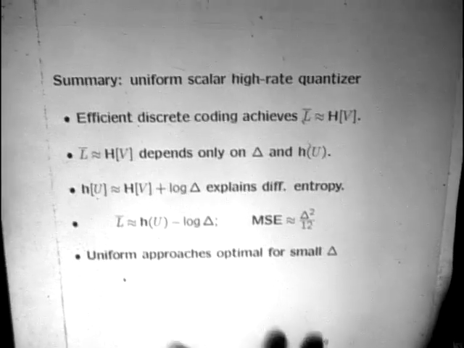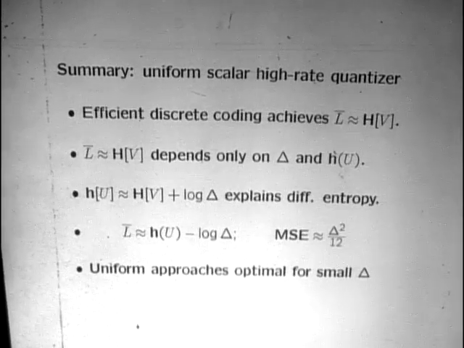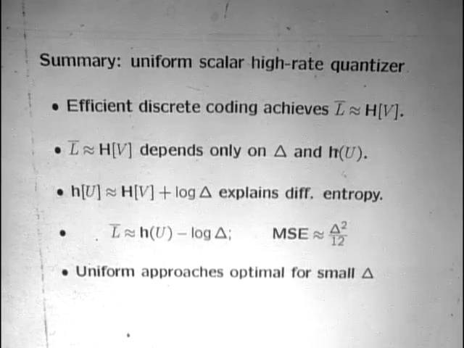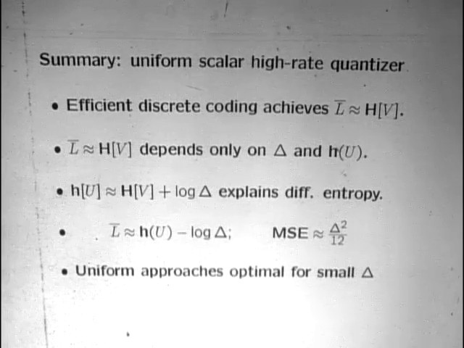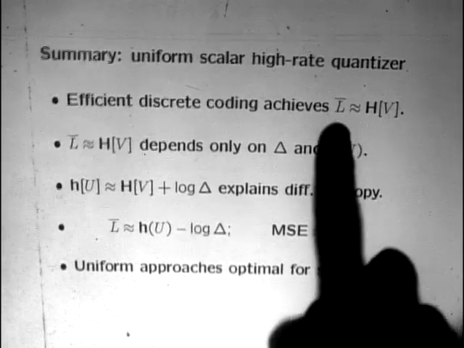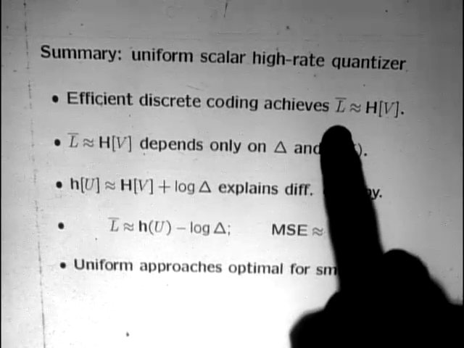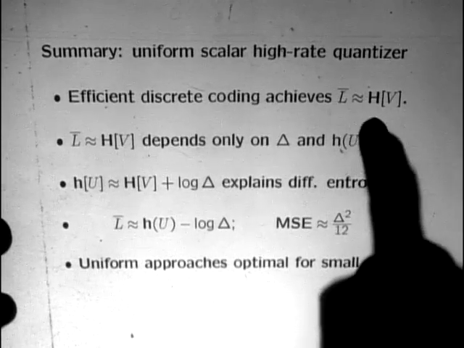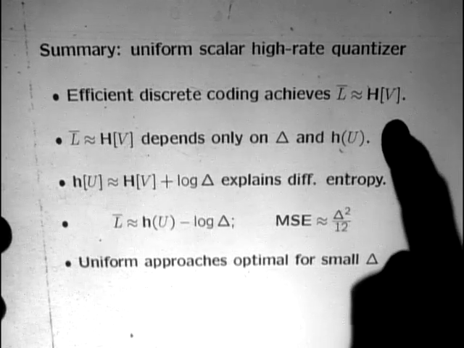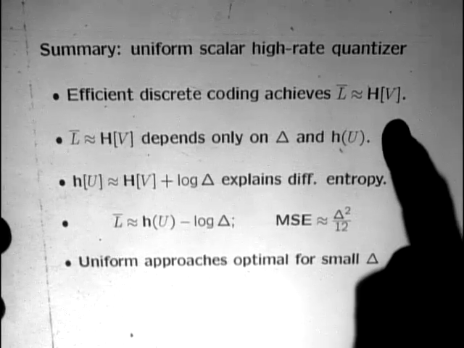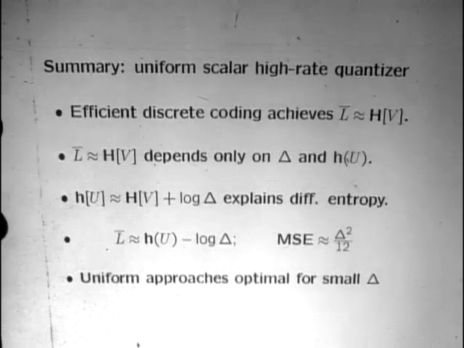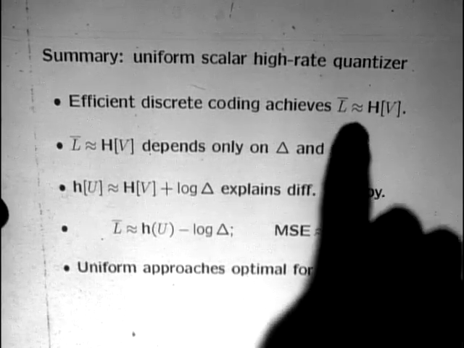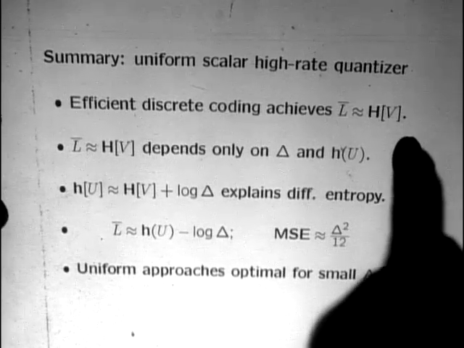So, to summarize all of that, and I'm sure you haven't quite understood all of it, but if you do efficient discrete coding at the end of the whole thing, the number of bits per sample, namely per number coming into the quantizer that you need, is h of v. Okay, with this uniform quantizer, which produces an entropy of the symbols h of v, then you need L bar bits per symbol to represent that.